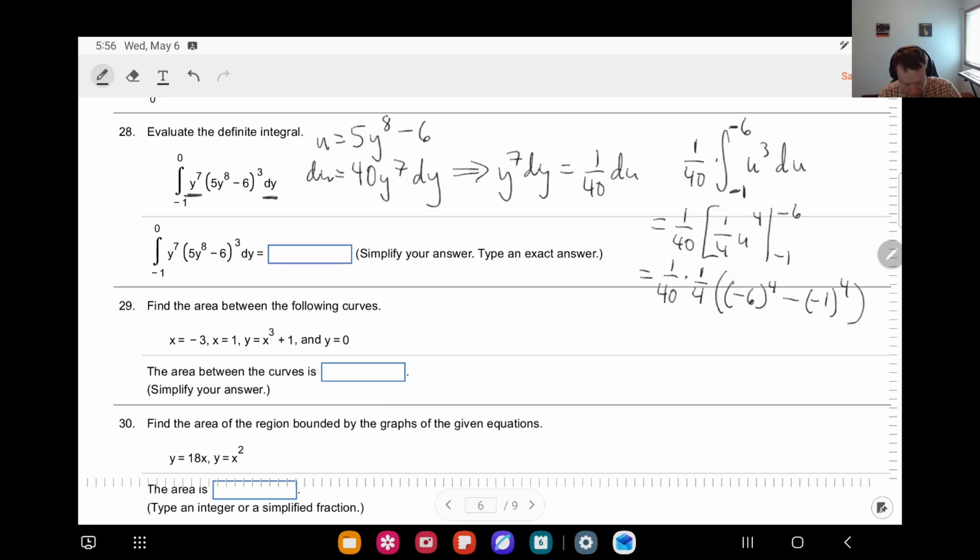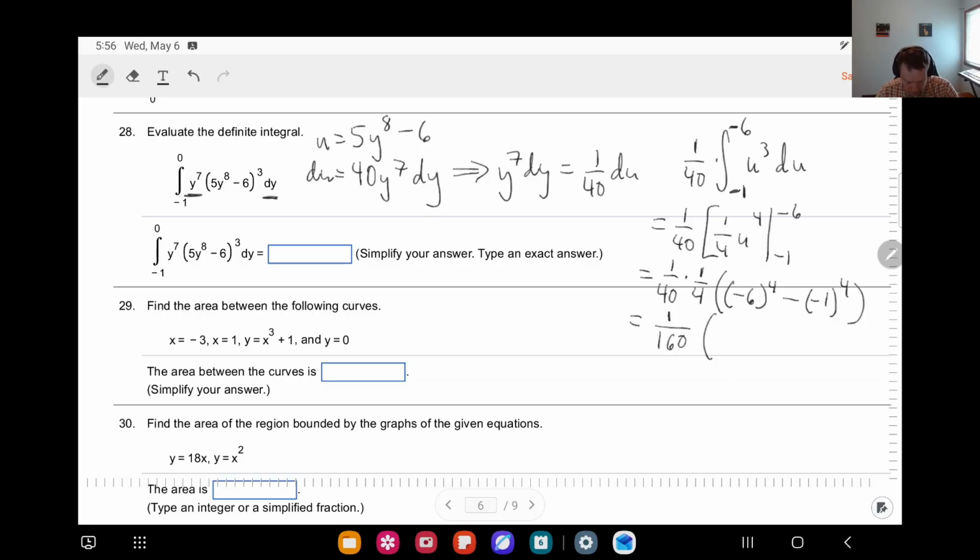Okay, we might need our calculator to help us with this a little bit. I'm not seeing a good simplification just yet. That's 1/160. 6 to the 4th, I think I'll need to type that in.